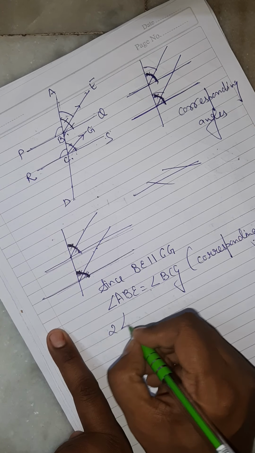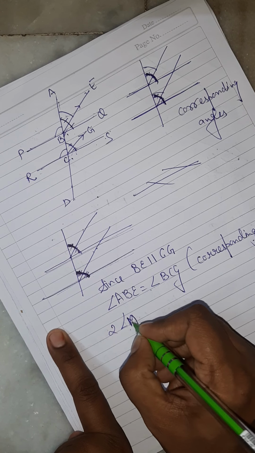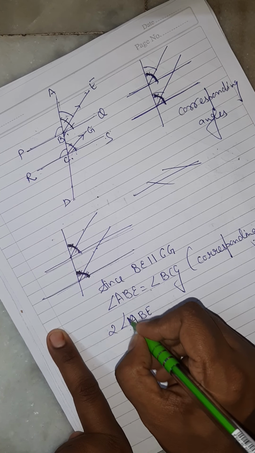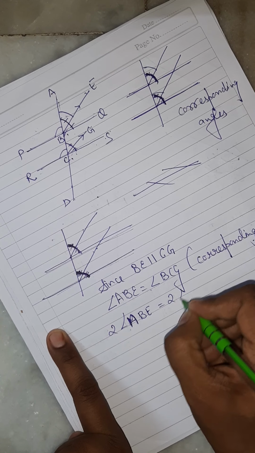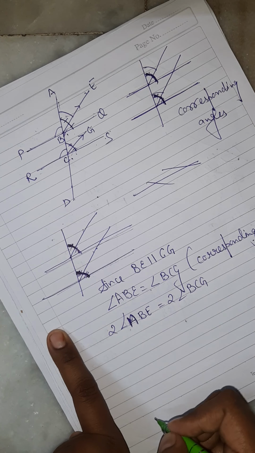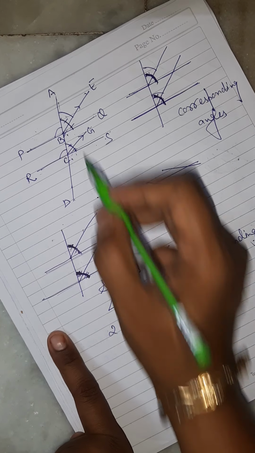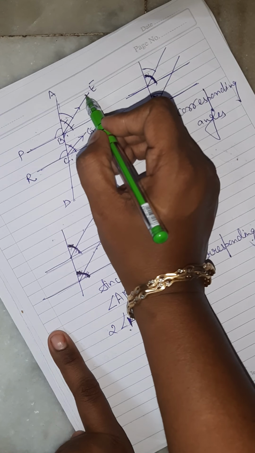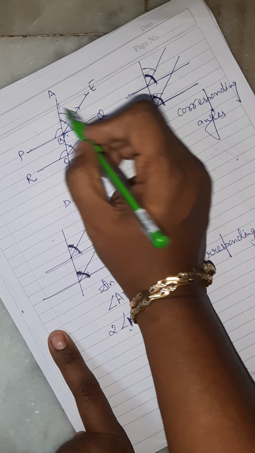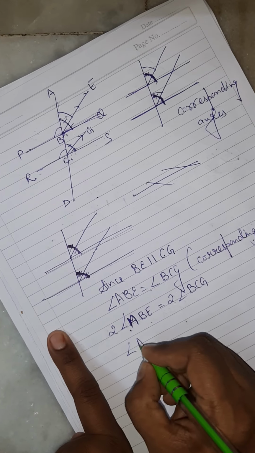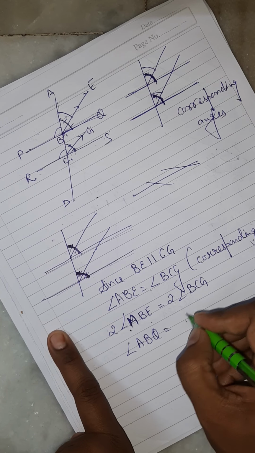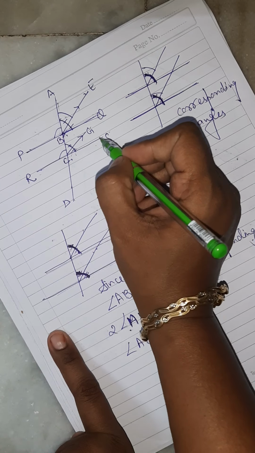both sides. Can I write this as 2 times of ABE and 2 times of BCG? The 2 times of ABE, that means double, so what we will get? ABQ. So this gives you ABQ is equal to 2 times of BCG.